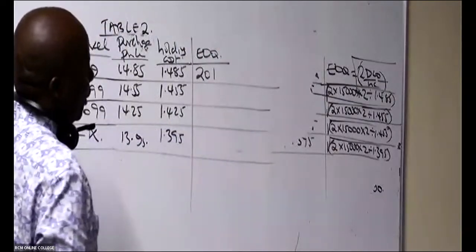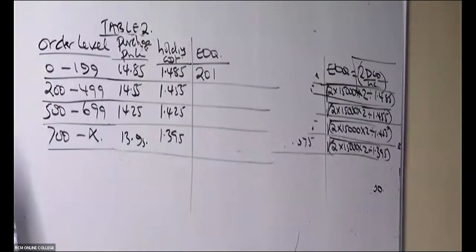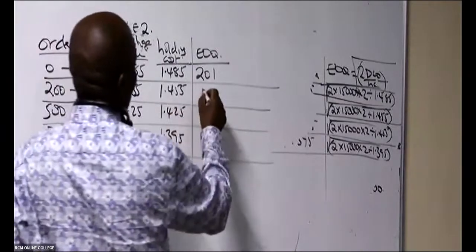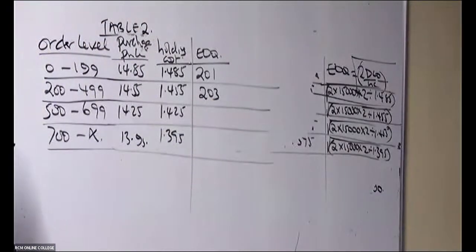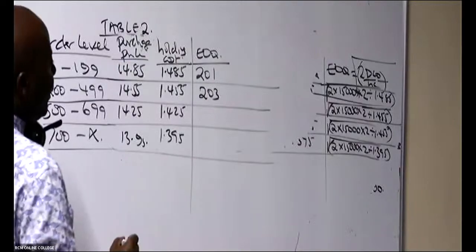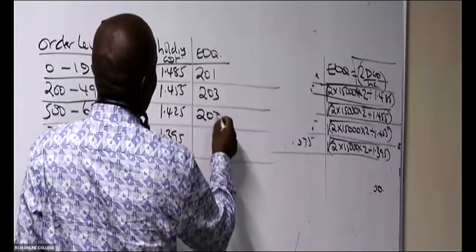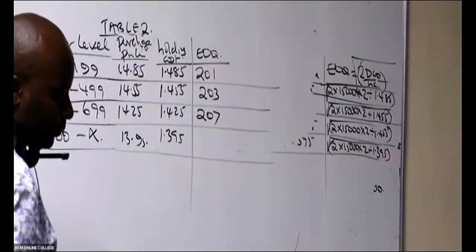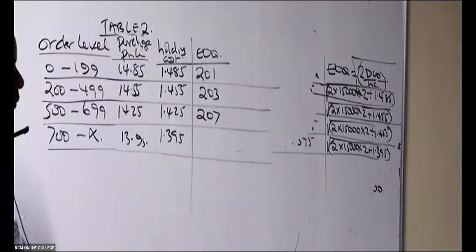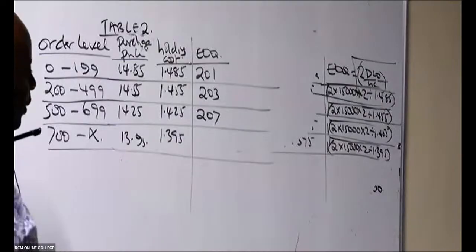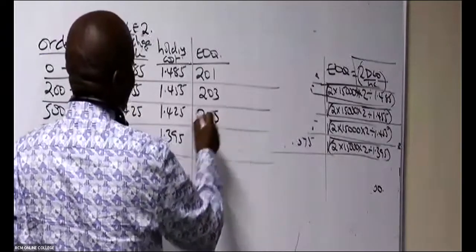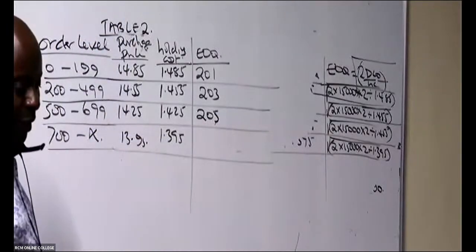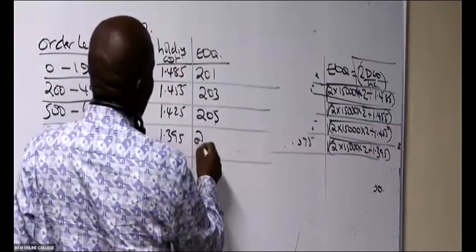The second one is 203. The third one is 207. Let me recheck: 201, 203, then 205 first? This one I'm being told it's 205. And then the last one is 207.